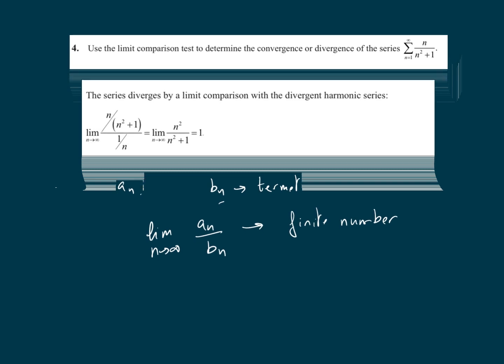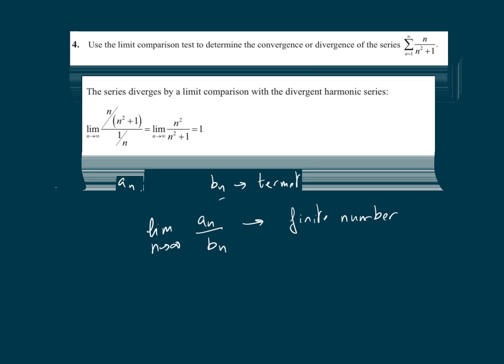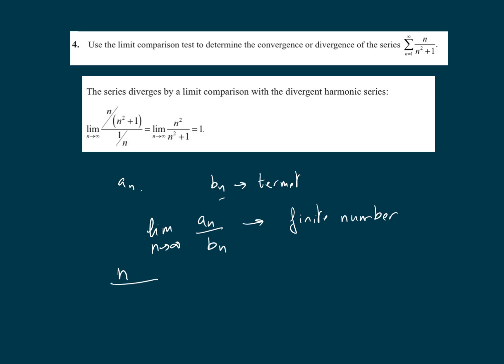The series is n divided by n squared plus 1. So this is A sub n, let's say. And let's do the limit when n goes to infinity of A sub n divided by V sub n. What is your thermometer series?